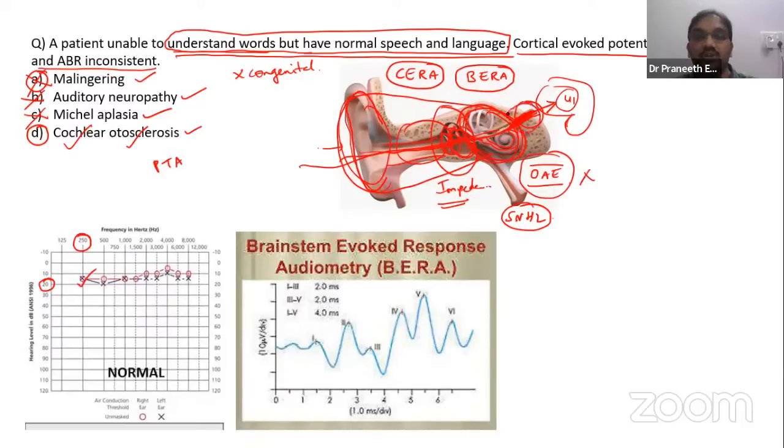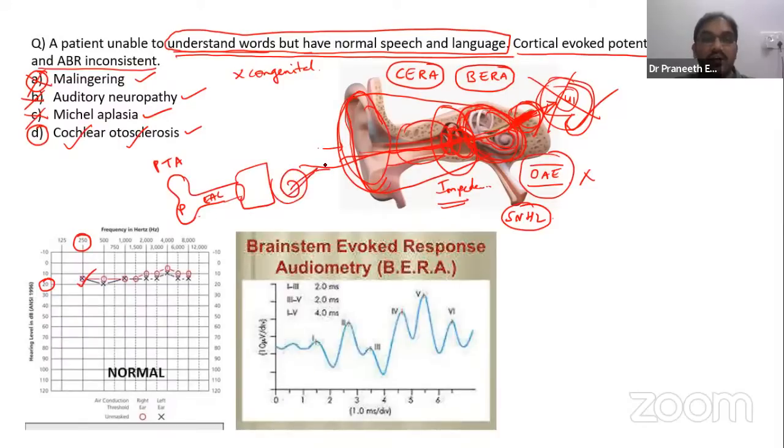And then next comes your BERA. If the cochlea is normal, you will get a normal BERA. If the BERA is normal and CERA is abnormal, then the defect should be here. So if you take the entire auditory pathway from the pinna, external auditory canal, eardrum, middle ear, cochlea, auditory nerve, and central, right?